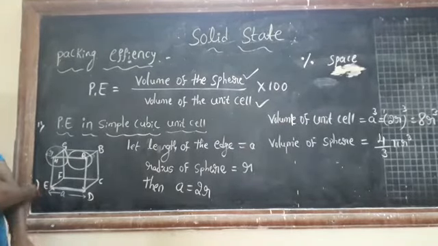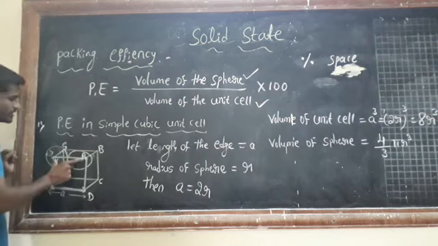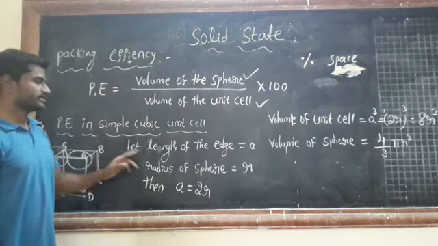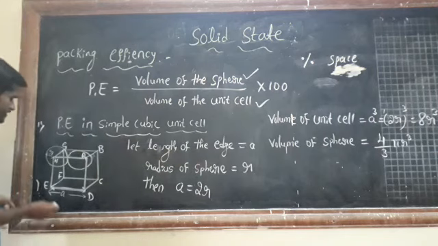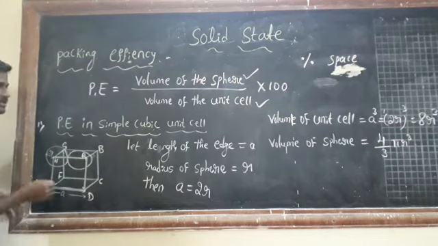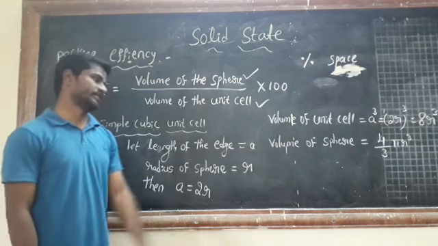This is a simple cubic unit cell, and the particles are present only at the corners. So we have taken only two particles along the edge AH. Let the length of the edge, any edge, be a.